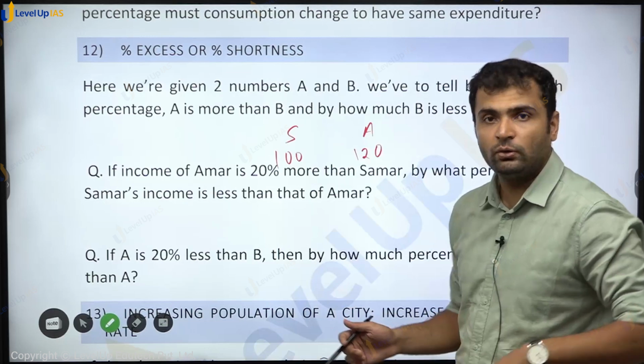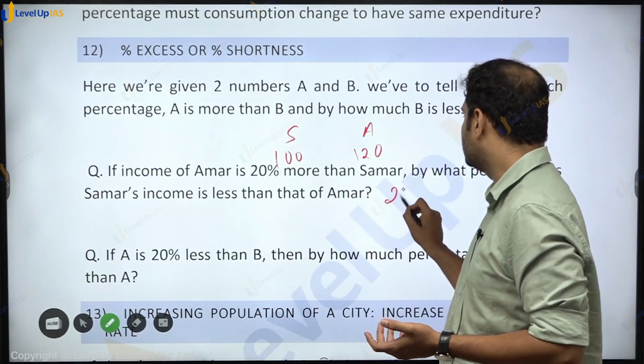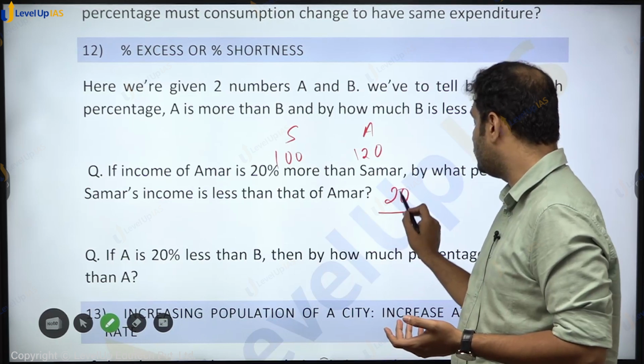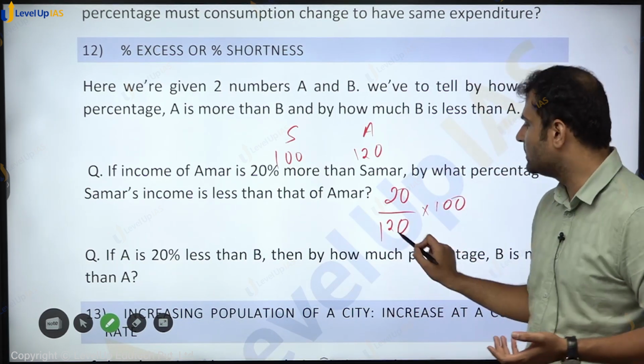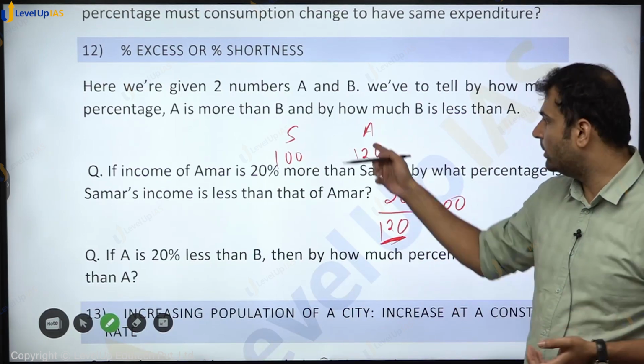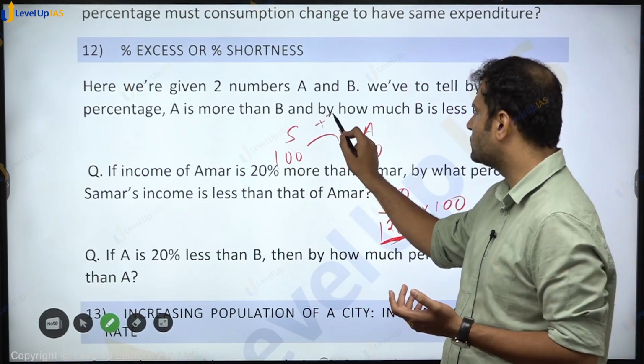In absolute terms, of course it is less by 20, 120 minus 100, but the percentage is 20 divided by 120 into 100, because the base is now Amar, not Samar. Earlier the base was Samar, so it was 20% more.